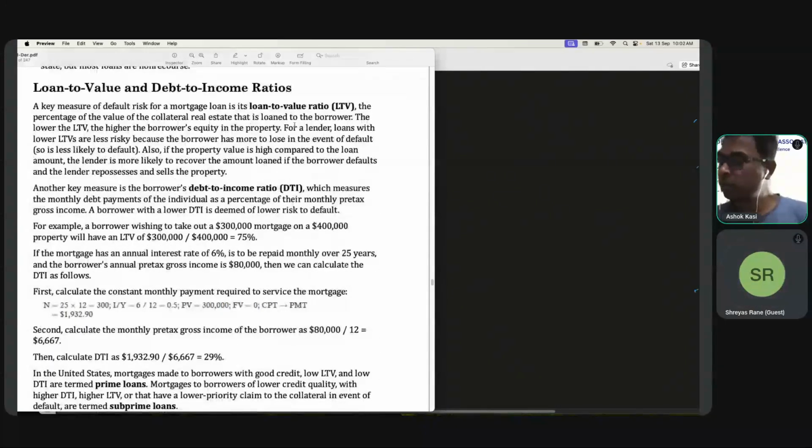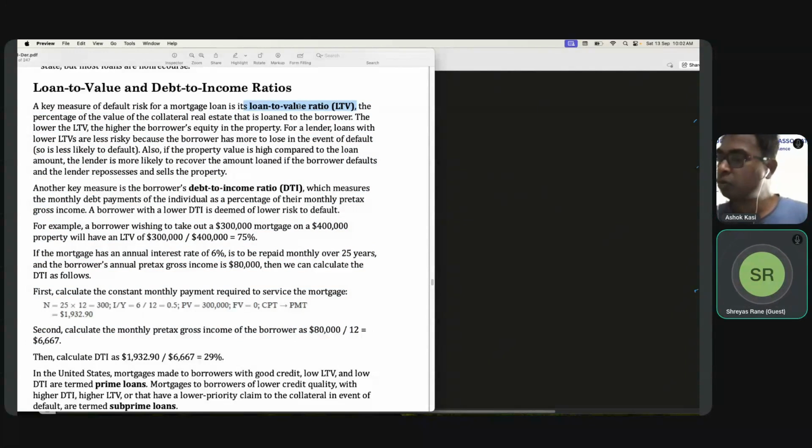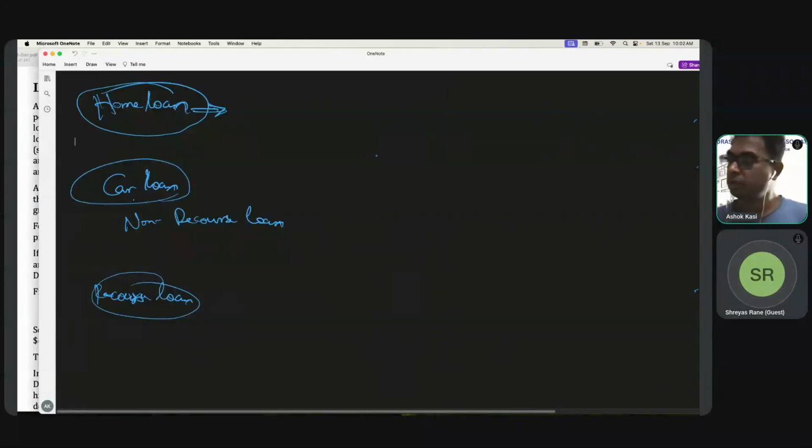Then this part you may ignore also. All these are there in FSA, but roughly, loan to value means, for example, you are taking a gold loan, so you are giving gold worth 1,000 rupees.